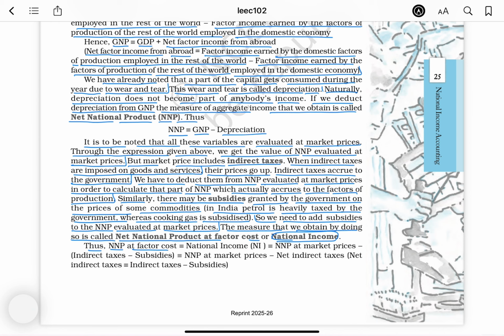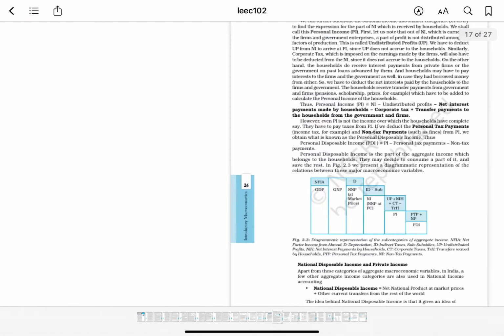Thus, NNP at factor cost equals national income. NI equals NNP at market prices minus indirect tax plus subsidies, which equals NNP at market prices minus net indirect taxes. Net indirect taxes equals indirect taxes minus subsidies.